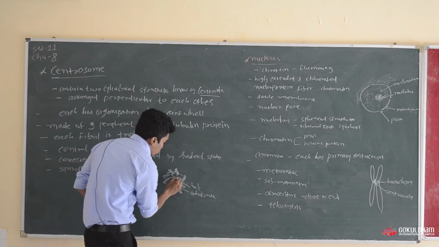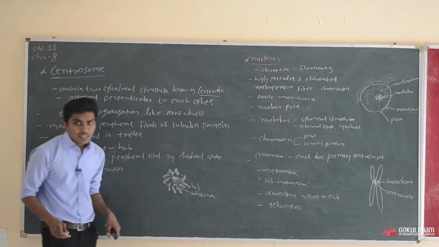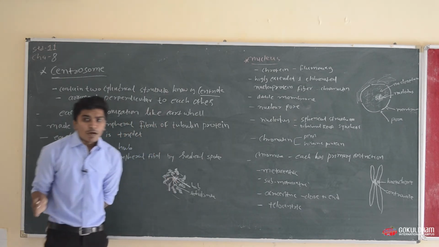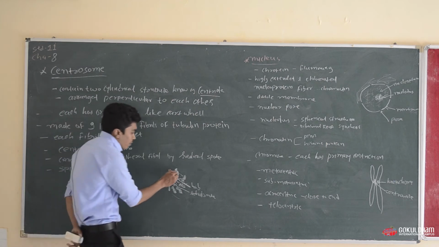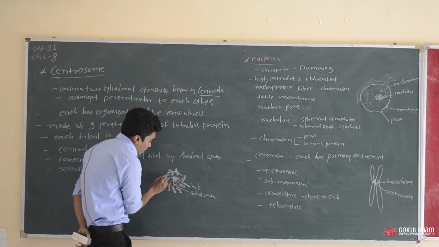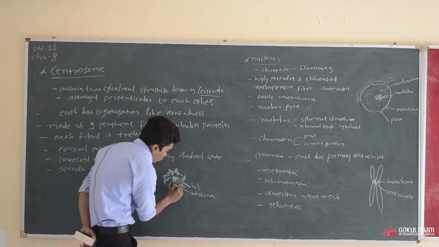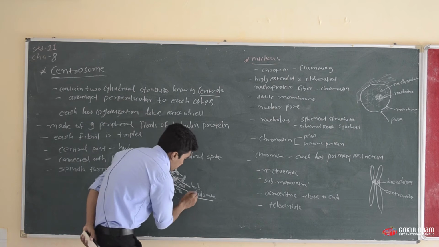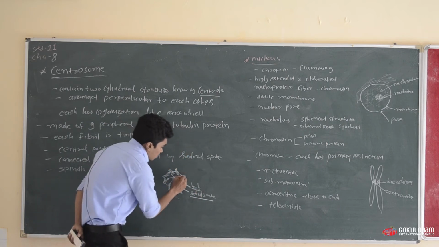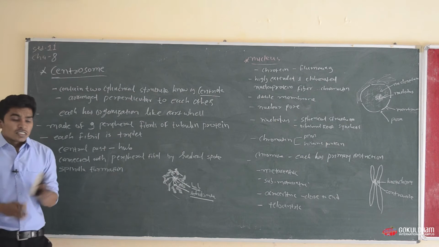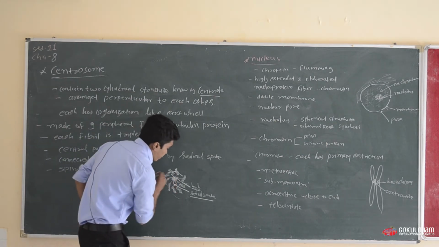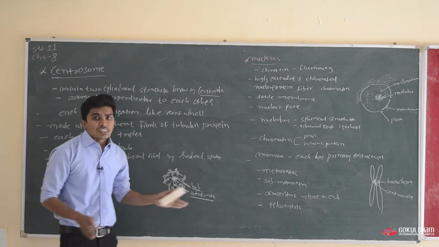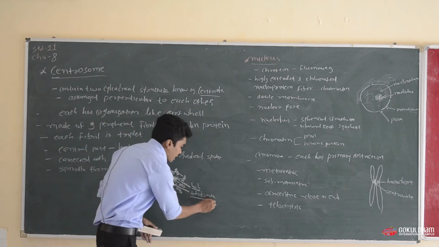This central portion is known as the hub, and it is connected with the peripheral fibrils by structures known as radial spokes. Are you following? The central portion of the centriole is the hub, connected with the peripheral fibrils by radial spokes.